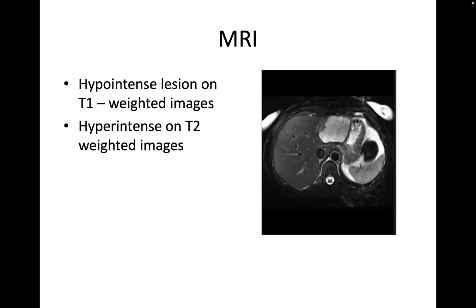This is the MRI. As you can see, it's hyper-intense on T2 images and hypo-intense on T1. I think we are all familiar with interpreting the MRIs. It's better just to take them as T1 and T2, simply not to go into the complex ones like fat suppressed and things like that.